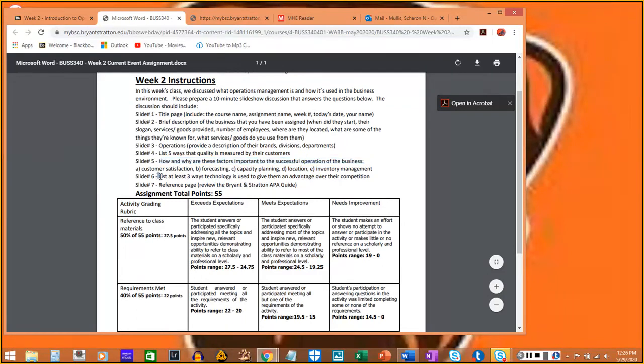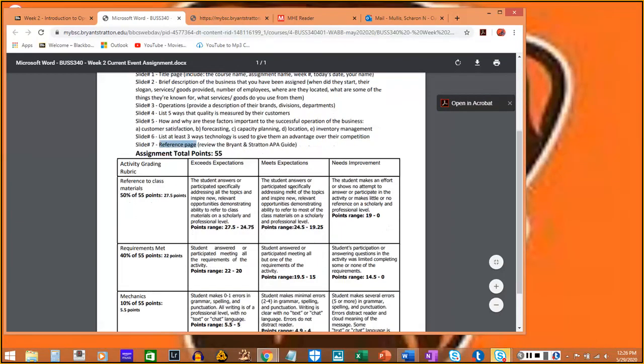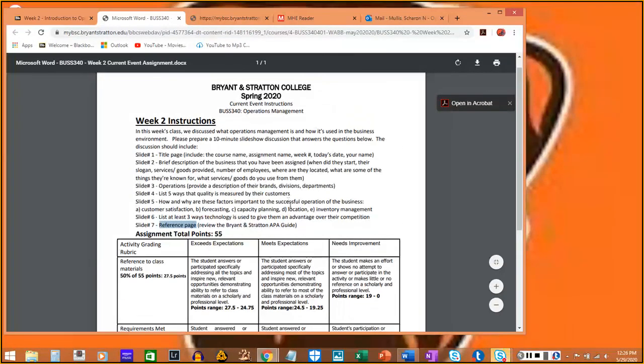Slide 6, the heading would be list at least 3 ways technology is used to give them an advantage. And then slide 7, you may want to put a heading of reference page, but make sure you use the Brandon Stratton APA guide to do the correct citations.